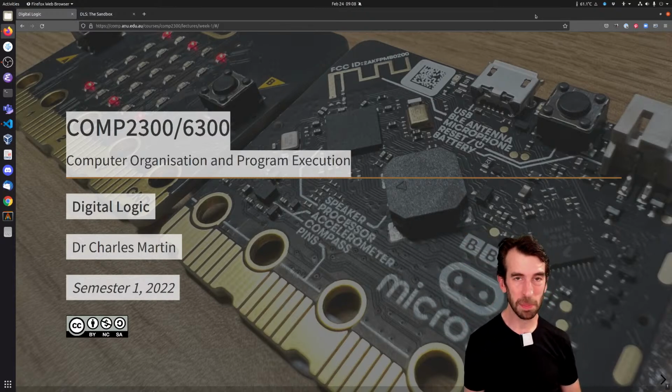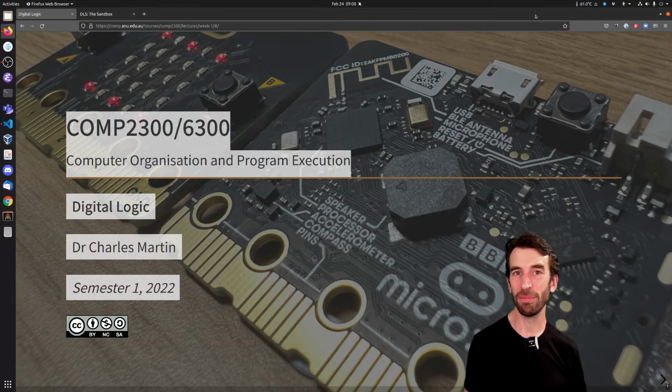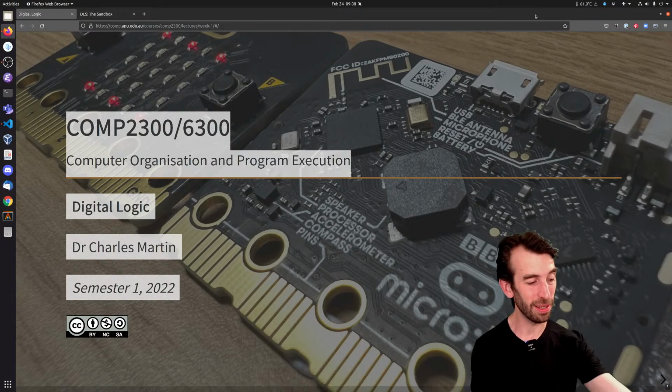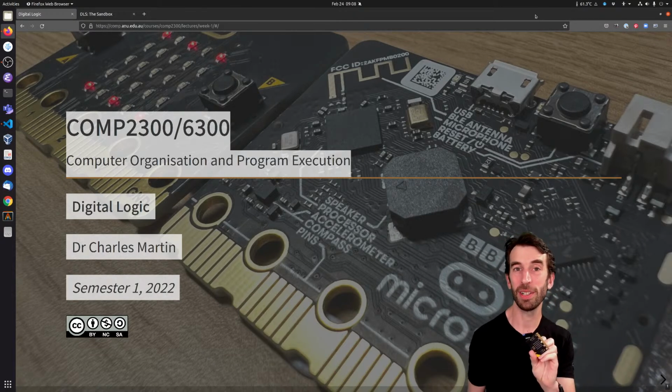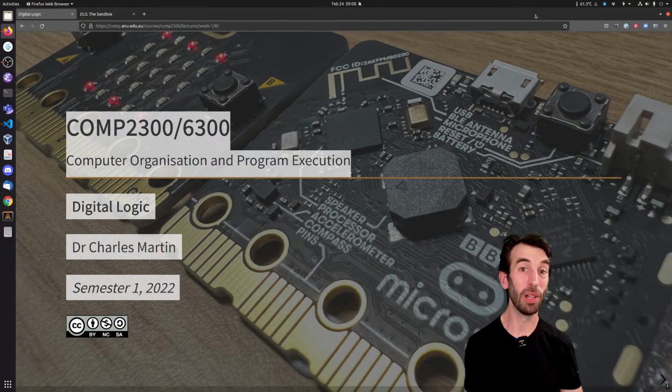Now, it's been an exciting week, and it should be exciting today for those of you who are having your first lab. What we've found is that we've changed to a new piece of hardware this year, the microbits aren't something that we used in previous years in COMP2300. So we're doing a lot of learning about all the different ways in which they can go wrong when someone is installing them on their computer for the first time.